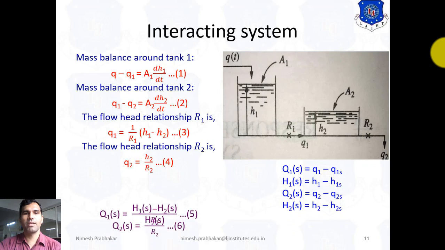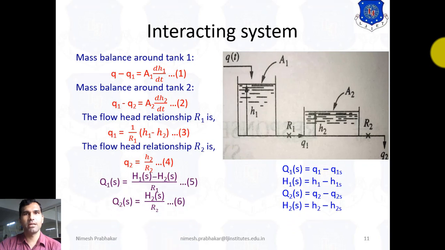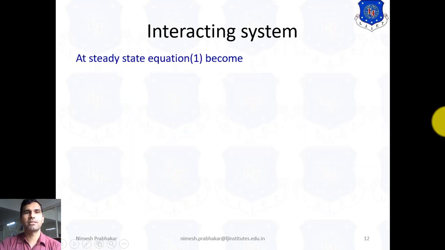So now we define the deviation variables, and taking the Laplace transform, we can write this equation as Q1(s) is equal to H1(s) minus H2(s) upon R1, and we can also write Q2(s) is equal to H2(s) upon R2. So we get these two equations. Now at steady state, equation number 1 becomes Qs minus Q1s is equal to 0, same as the non-interacting system.